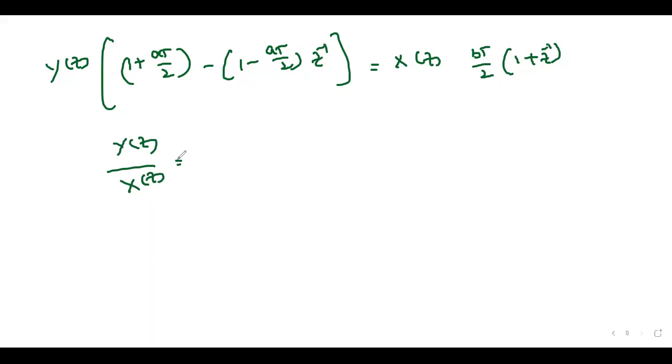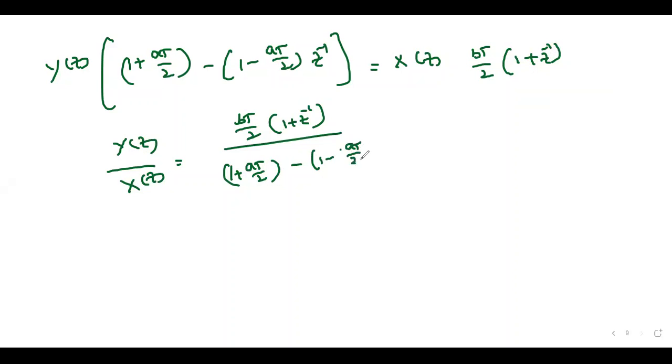That's why I'm taking this. This is equal to bT by 2 into 1 plus z inverse divided by this whole 1 plus aT by 2 minus 1 minus aT by 2 into z power minus 1.